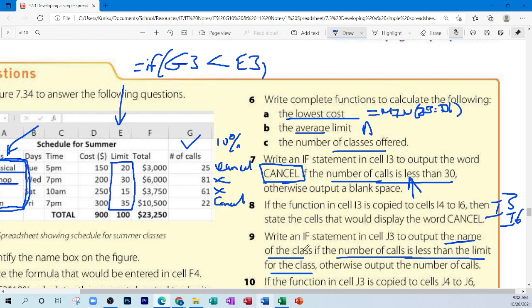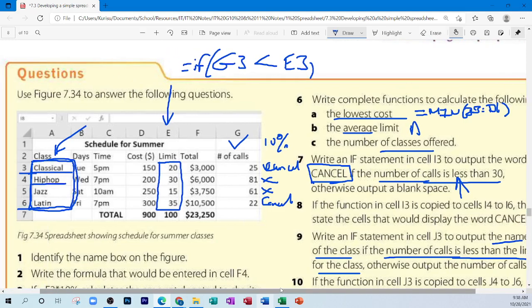Now, what it is asking for us to output is the name of the class. Yes, you're kind of correct in thinking that if you put quotation marks and you put the name of the class, then yes, it's going to output the name of the class. It will work. But when you're creating functions and formulas, you have to think, can you copy the formula?